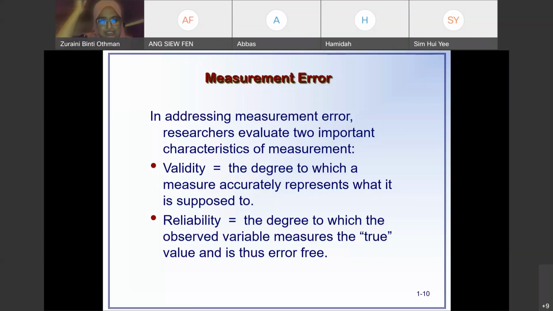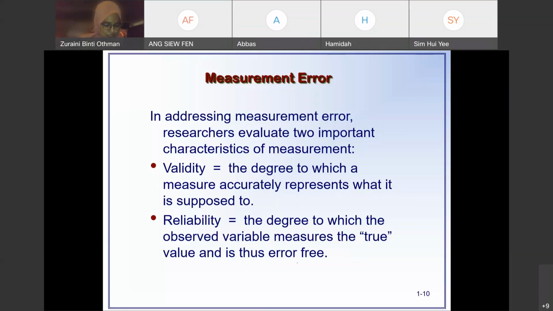Validity is the degree to which a measure accurately represents what it is supposed to, and reliability is the degree to which the observed variable measures the true value and is thus error free. I'm the kind of person who needs to see an example.